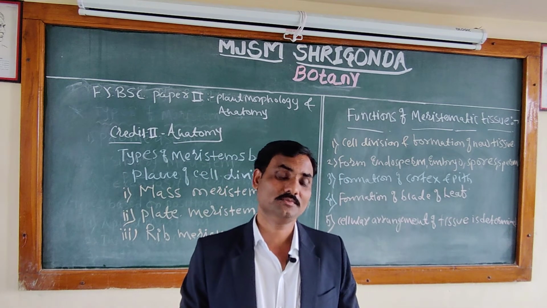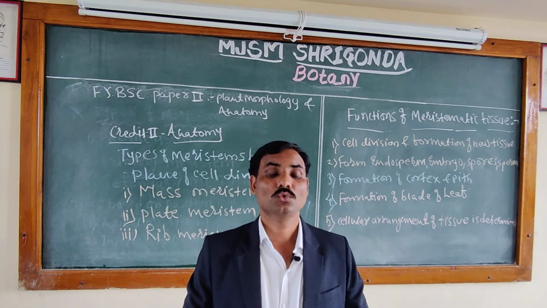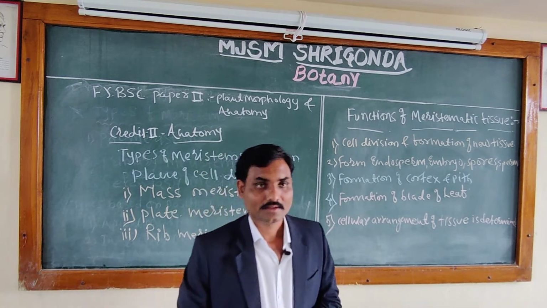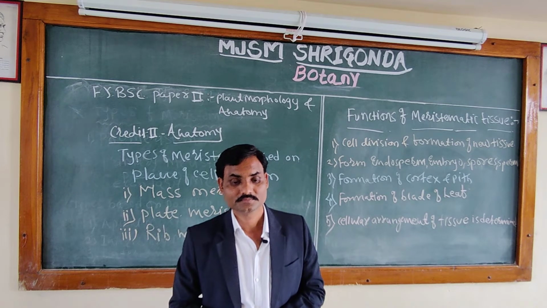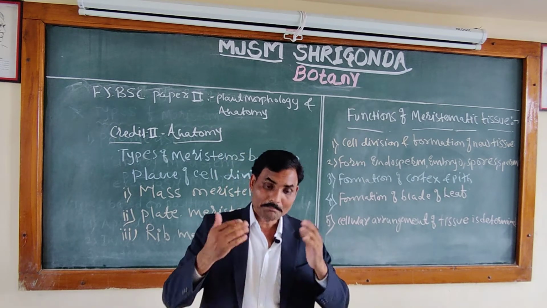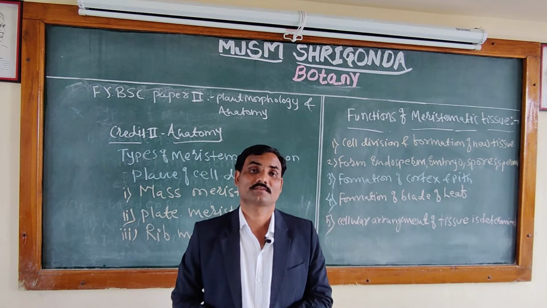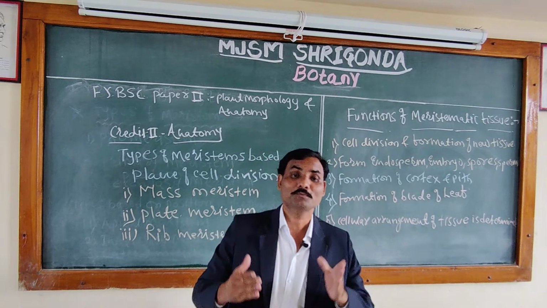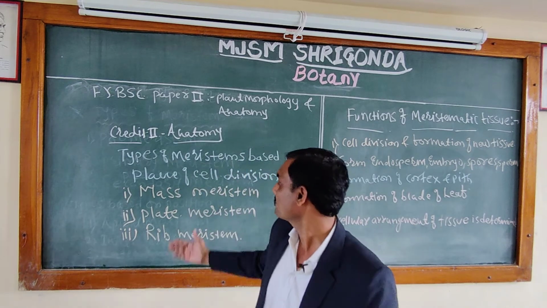When cell division takes place, it increases the volume. Then what is the example of this mass meristem? Development of pith, development of cortex, development of endosperm and development of sporangia are found in mass meristems.